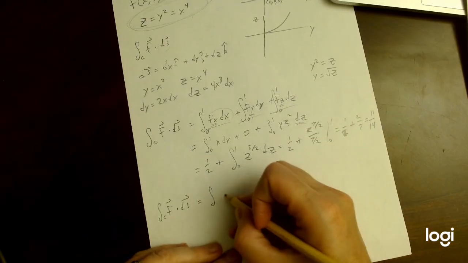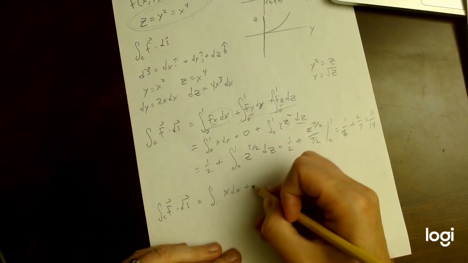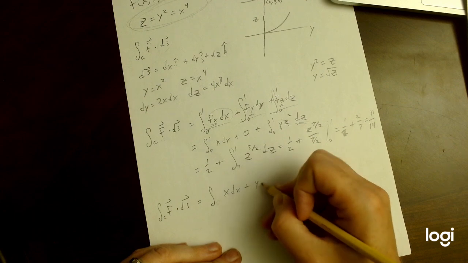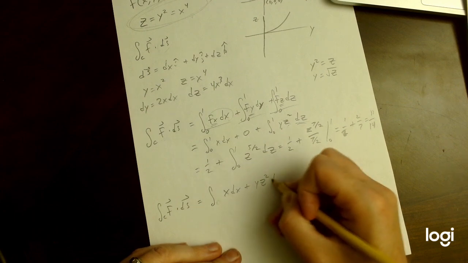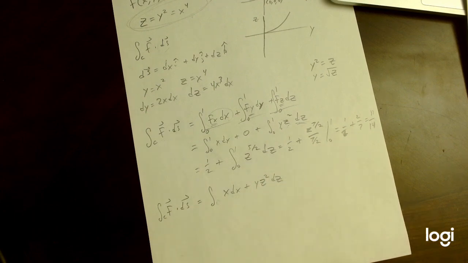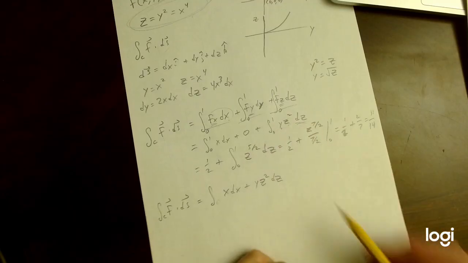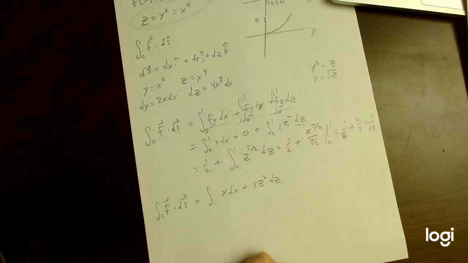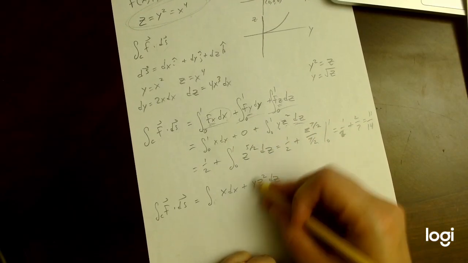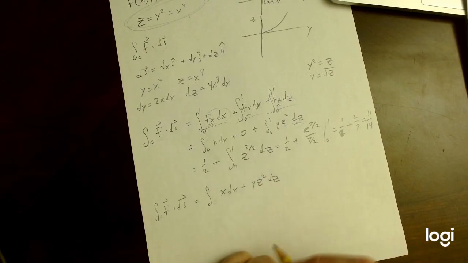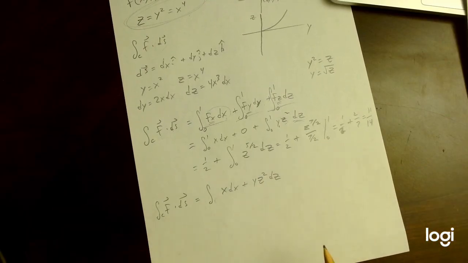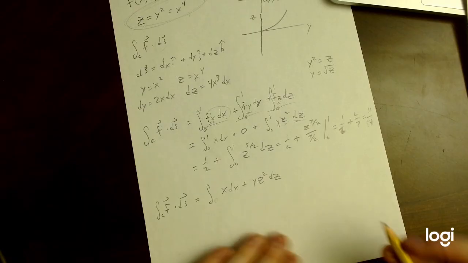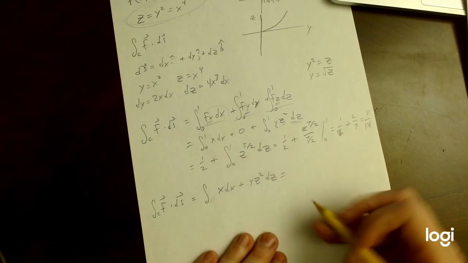We've got x dx plus 0 plus y z squared dz. But what if instead of trying to evaluate over dz and dx, what if I instead wrote all of this in terms of a dx so that I could evaluate only as I varied in x? And so let's do that.